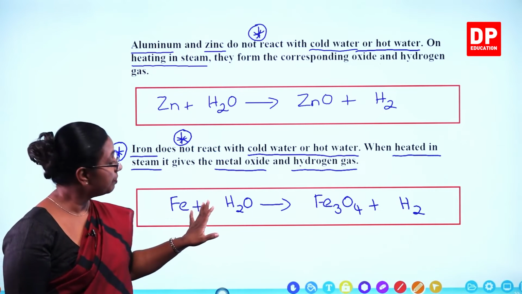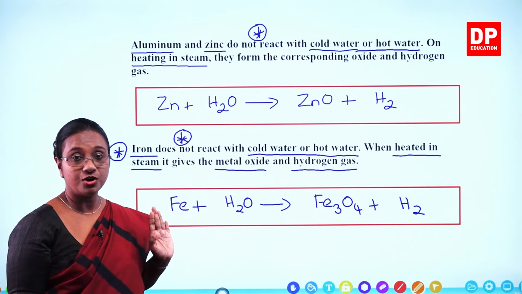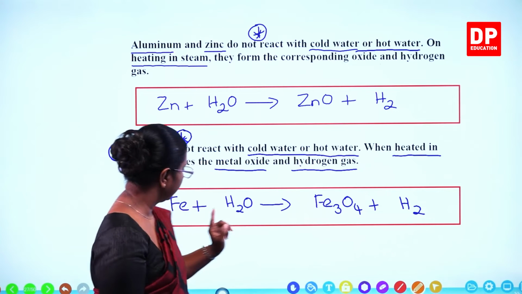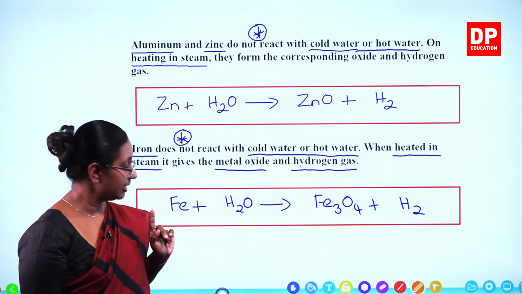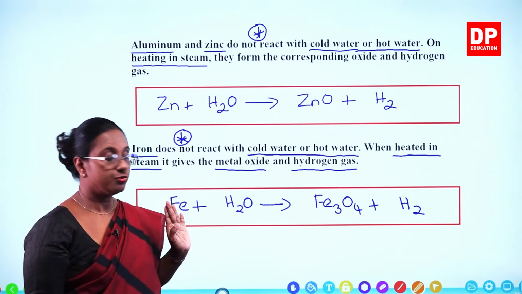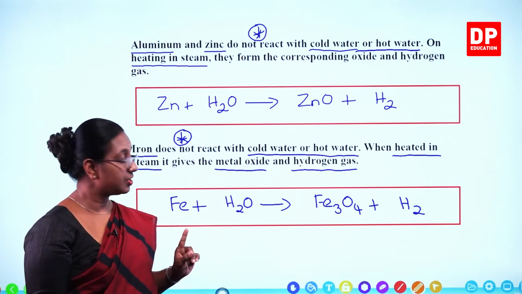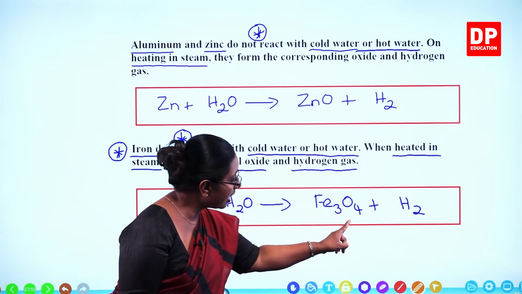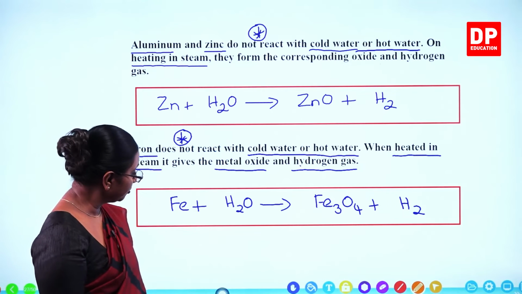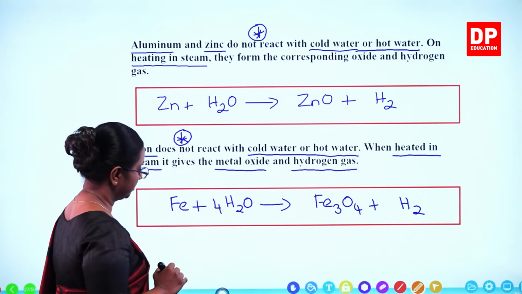Again, we need to balance this reaction. Check whether it is balanced or not. Now look at iron, Fe3, so 3 irons are needed. H2, there are 2 H2, no problem. But O, you can see there is only one oxygen here and there are 4 oxygen atoms there. Then what do we need to do? We need to put a 4 here for oxygen.